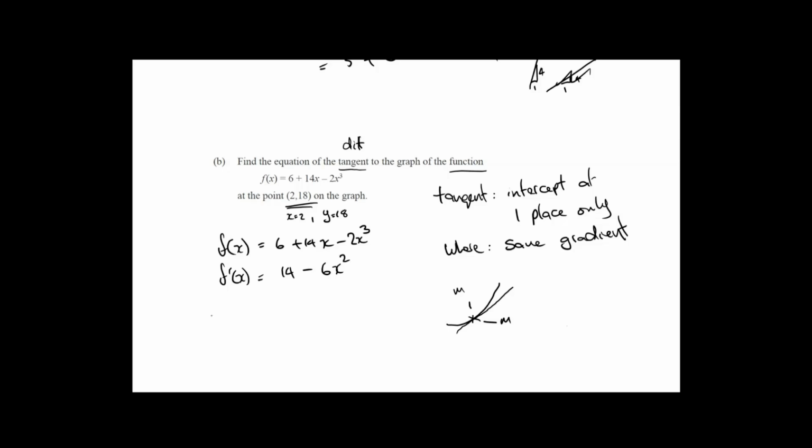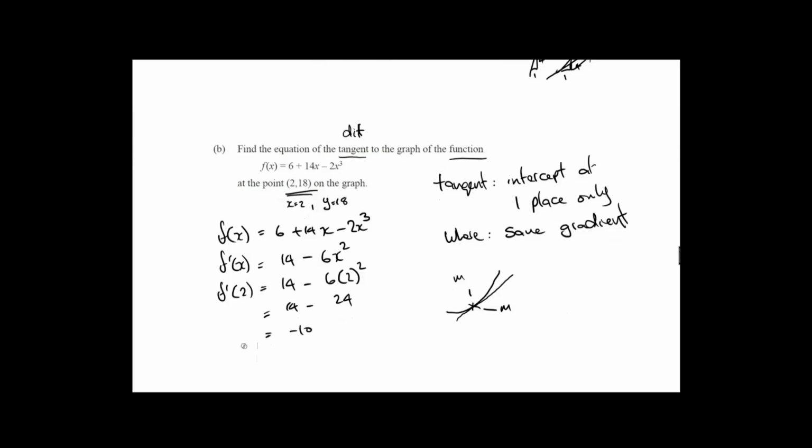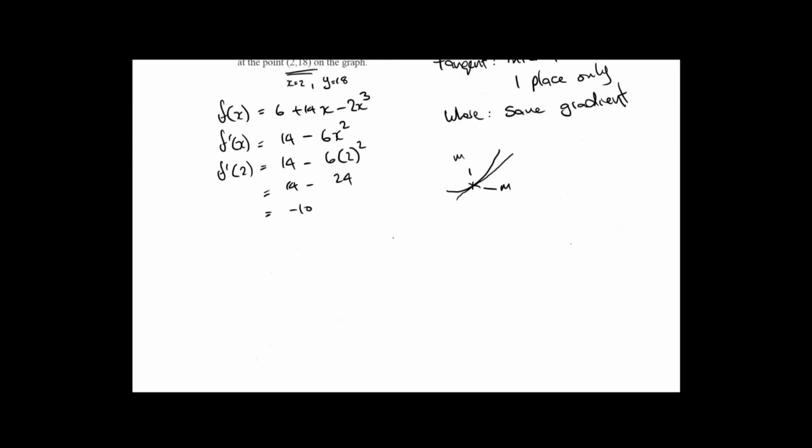So that's the gradient function. And I'm going to put x equals 2 to find what the gradient at that point is going to be. So 14 minus 24, because 2 squared is 4. 4 times 6 is 24. Okay, so that's going to be minus 10. So the gradient is going to be minus 10 at that point, 2, 18.